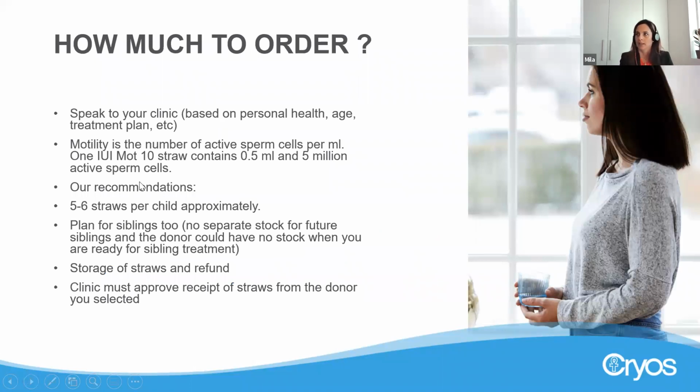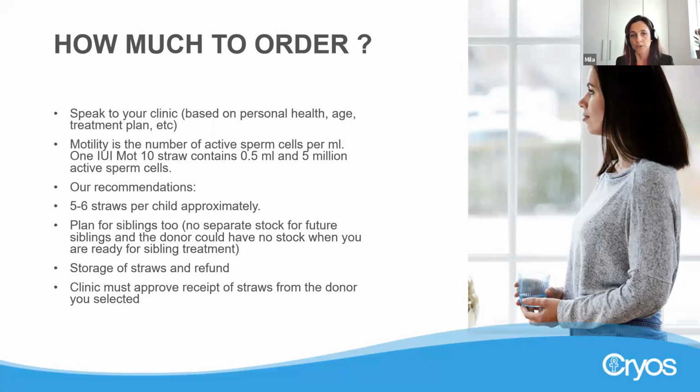So what do you order? How much do you order? Some clinics have very defined ideas of what they want. So the first step, speak to your clinic. If they tell you to order so many straws with this motility, follow your clinic's recommendations.